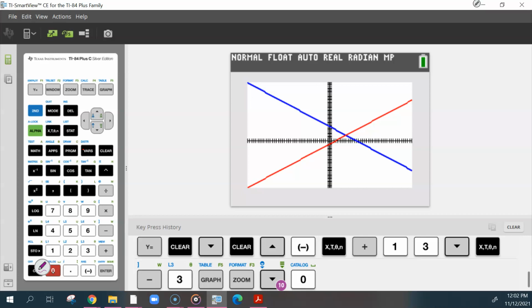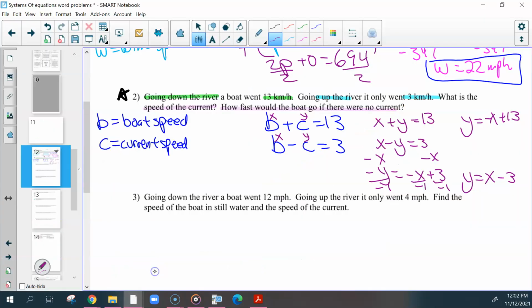It's negative x plus 13 and x minus 3. I hit the wrong one.